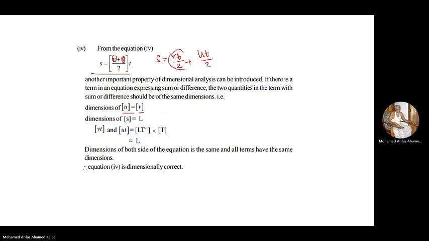Each and every term should have the same dimension. The dimensions of U and V are the same, and the dimension of S is L. The velocity dimension is LT^-1 into T, so finally the dimension of Vt and Ut is L. Hence, the dimensions of both sides of the equation are the same and all the terms have the same dimensions. Hence, equation 4 is dimensionally correct.